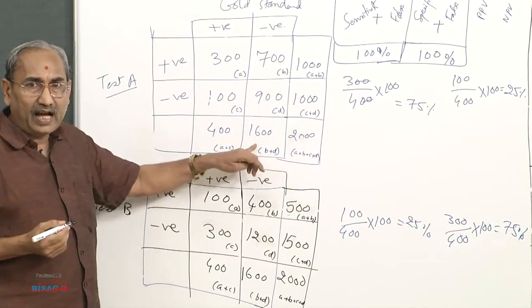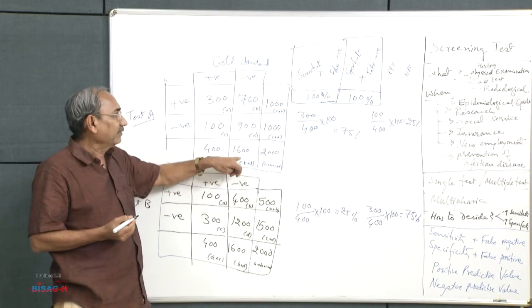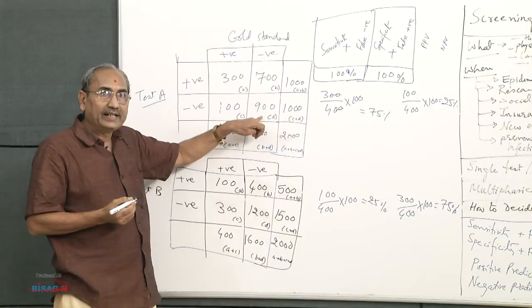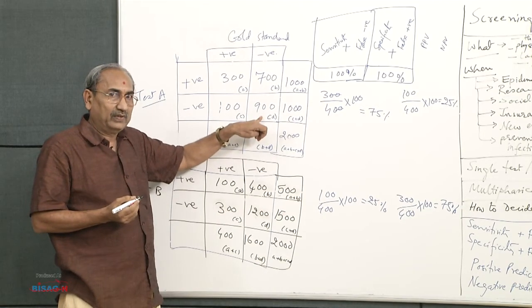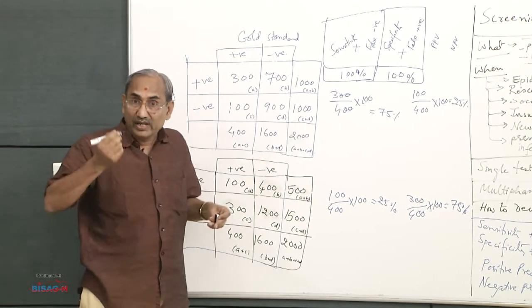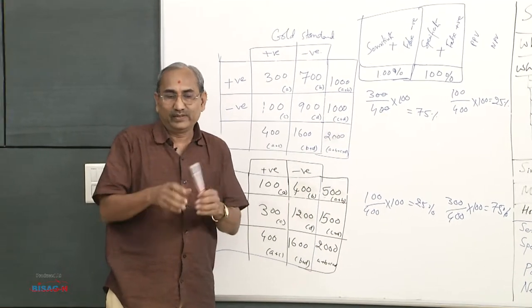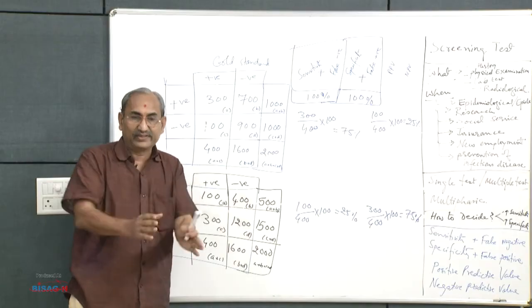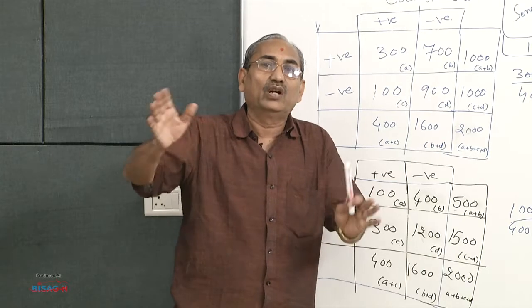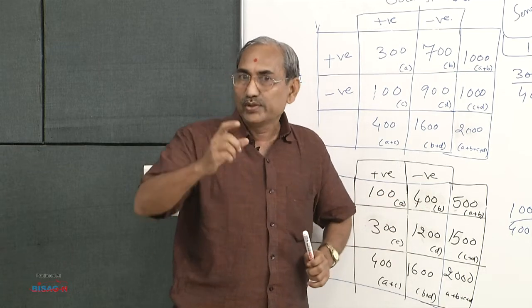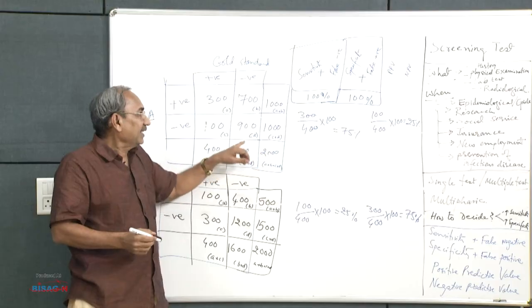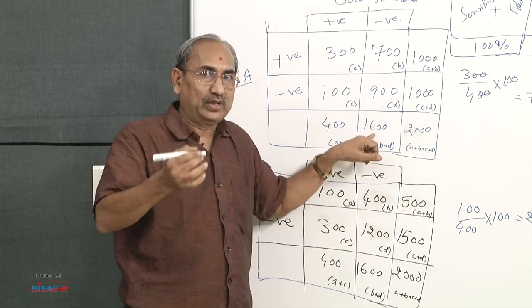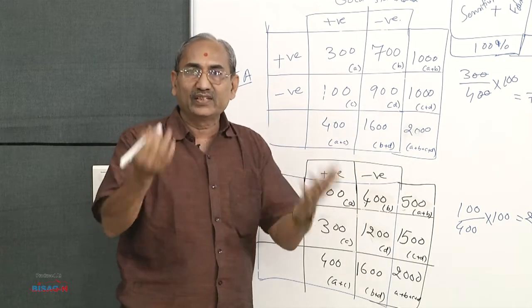In this case, out of 1600 negative cases, test A could detect 900 negative cases. If a test is very choosy, you would like to have this but not this. It will say clearly, yes, it is this, I would like to have this, but not this. If the test is capable of finding maximum negative out of total negative, the specificity is very high.